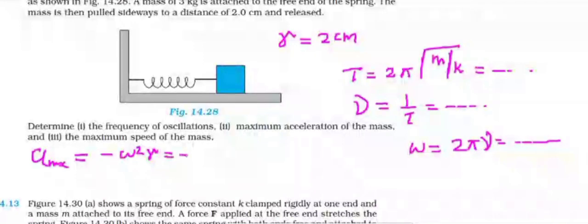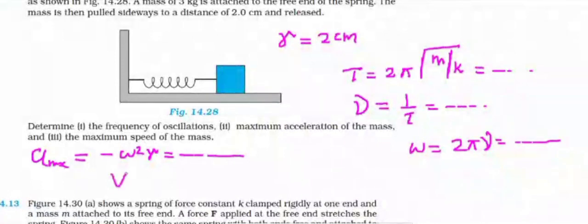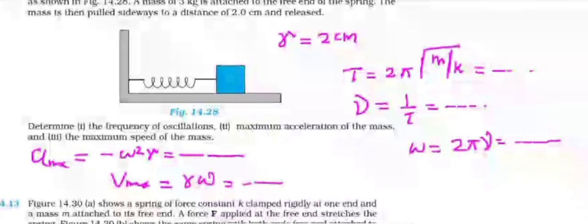Substitute the values of omega square and r, you will get the answer. Then maximum speed, V max is equal to r omega. So substitute the value of r and omega, you will get the answer.